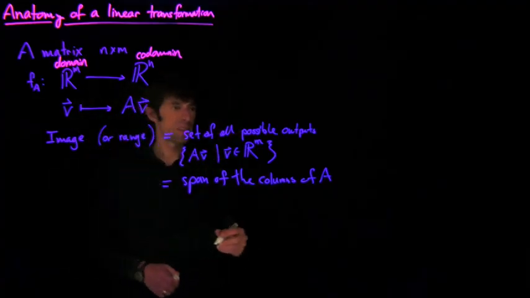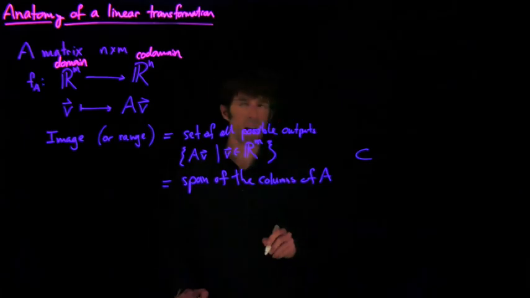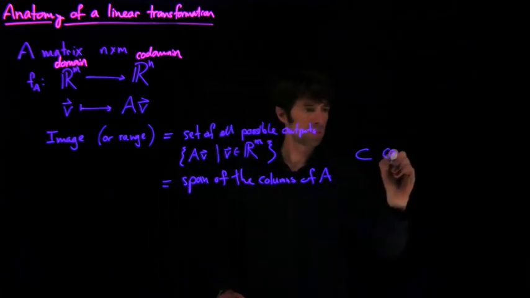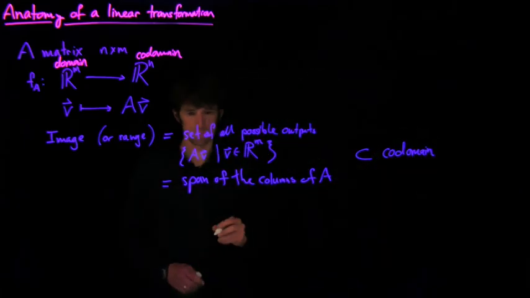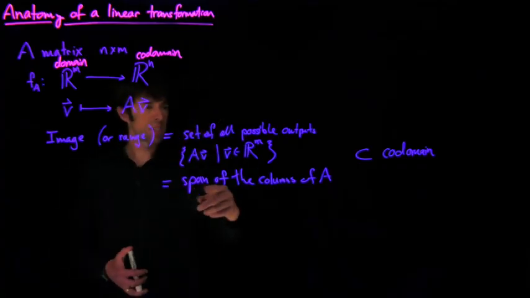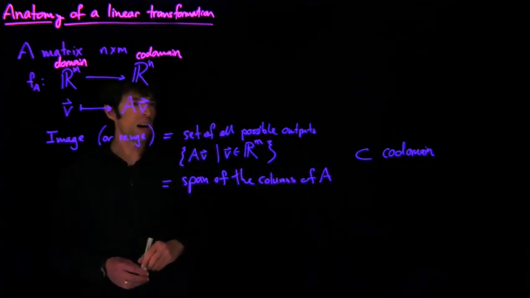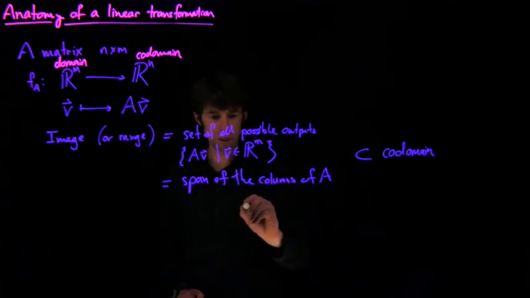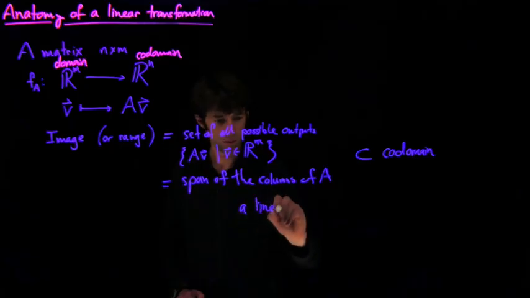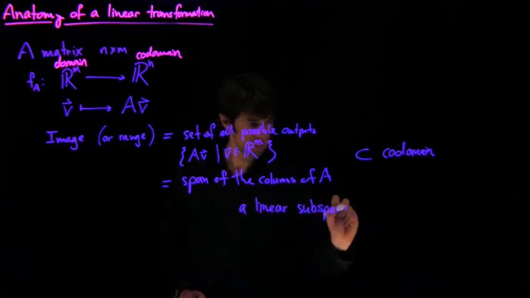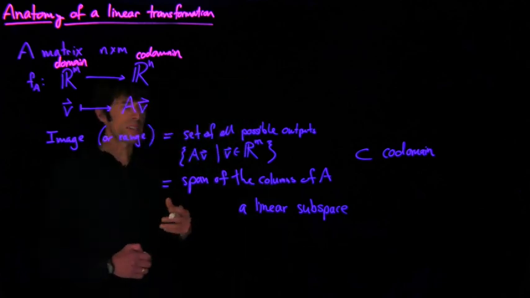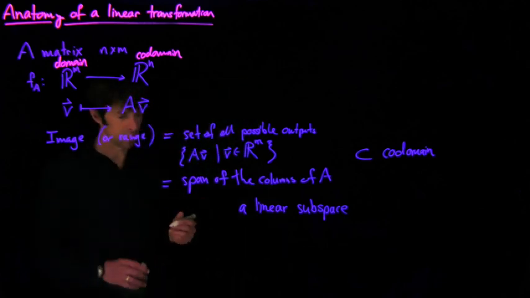And all of this is a subset of the codomain. Now, this is a span of a bunch of vectors, so it's automatically a linear subspace. And a linear subspace has something called a dimension.